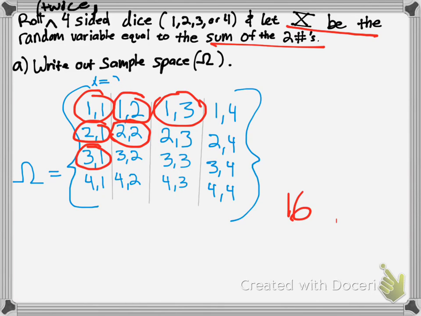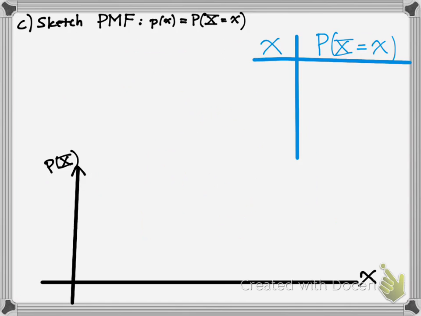And the maximum sum would be 4 plus 4, which is x equals 8. So that means we go from 2 to 8.